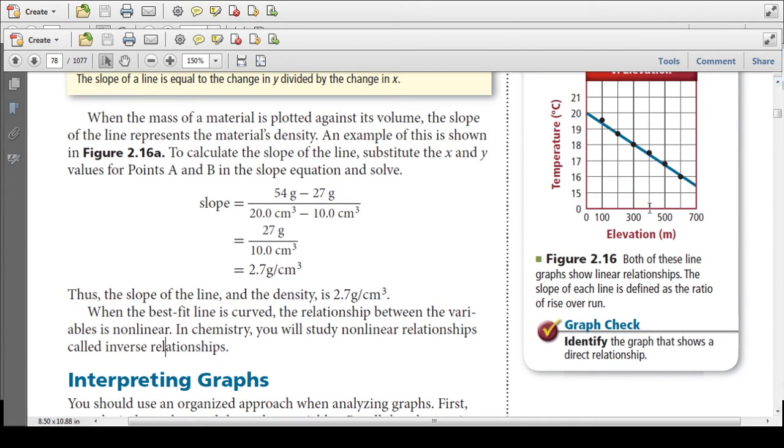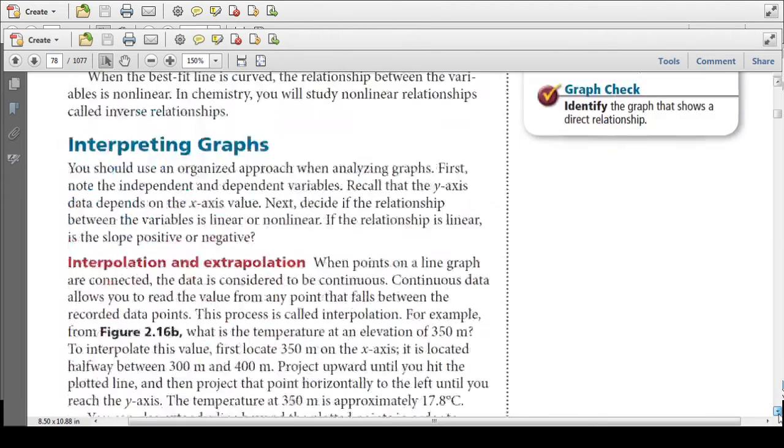So here we have our graph. So this would be 300, 400, 500 meters. Because we have some sort of boundary, a higher and lower limit of 500 and 300, we can interpret what the value at 350 would be. Right? 350 meters. And it looks like it's falling probably somewhere right here. Well, I'll go ahead and say, what is that, right? 17.75.